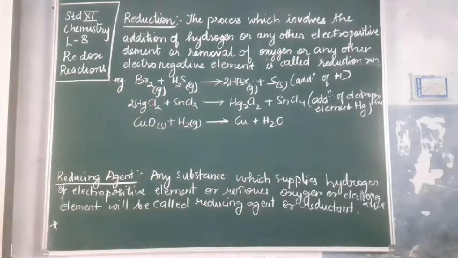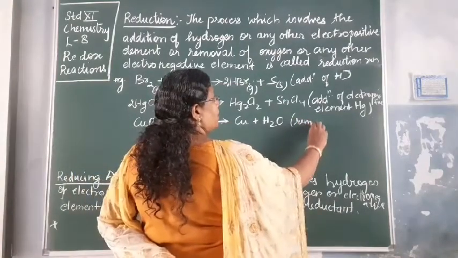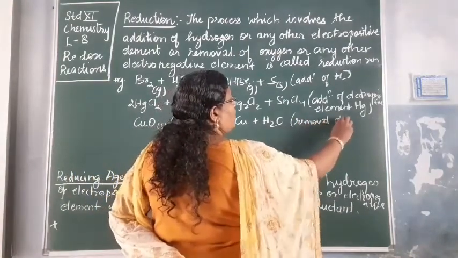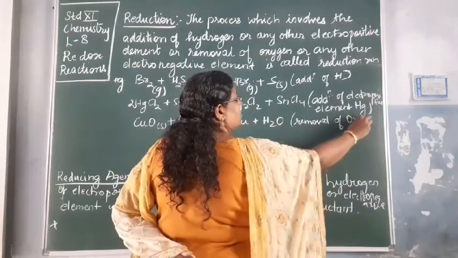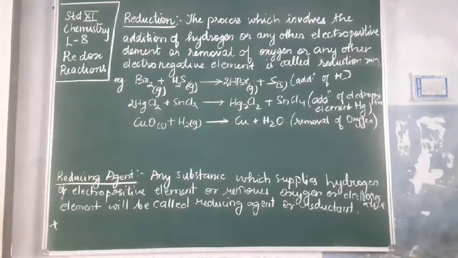So here Cu में से you are removing the oxygen. So here removal of oxygen is taking place. So that is again termed as reduction reaction. You can write here removal of oxygen. Okay. So here third point, that is removal of oxygen.